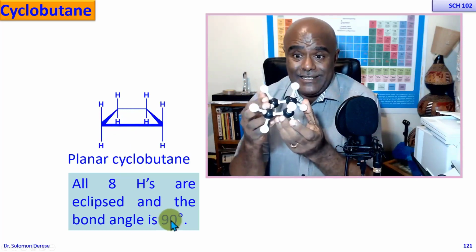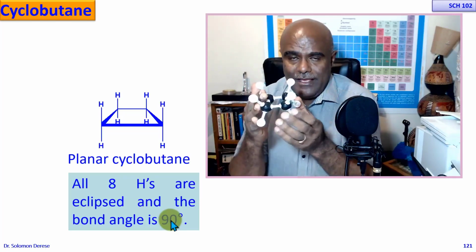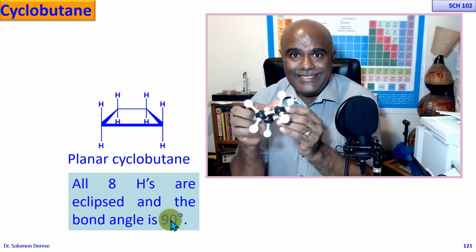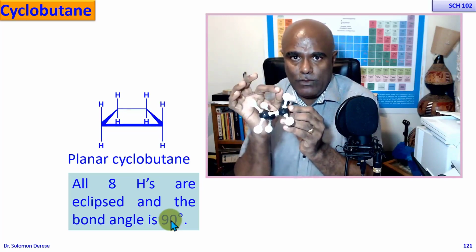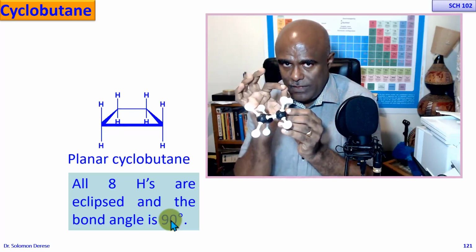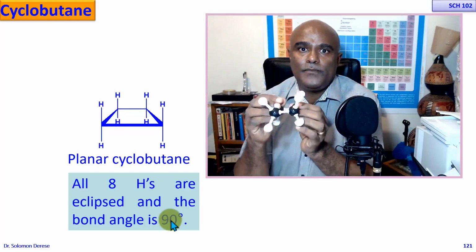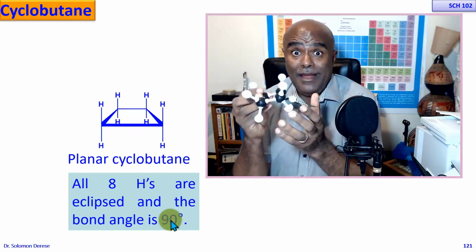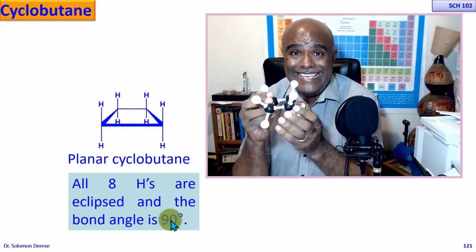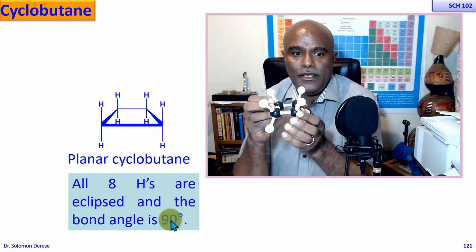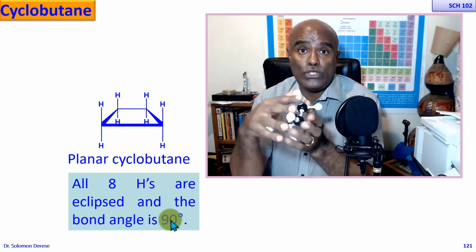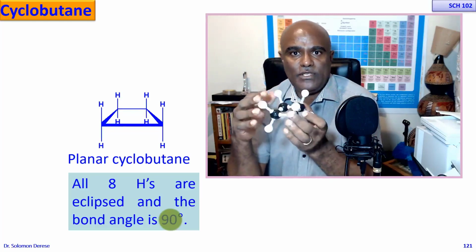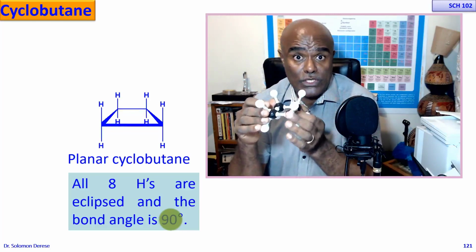As a result, cyclobutane is unstable, one, because of the angle strain from the ideal 109.5, which is now compressed to 90 degrees. And the other reason why planar cyclobutane is unstable is because of the torsional strain. All 8 hydrogens eclipse each other, so there's going to be torsional strain.